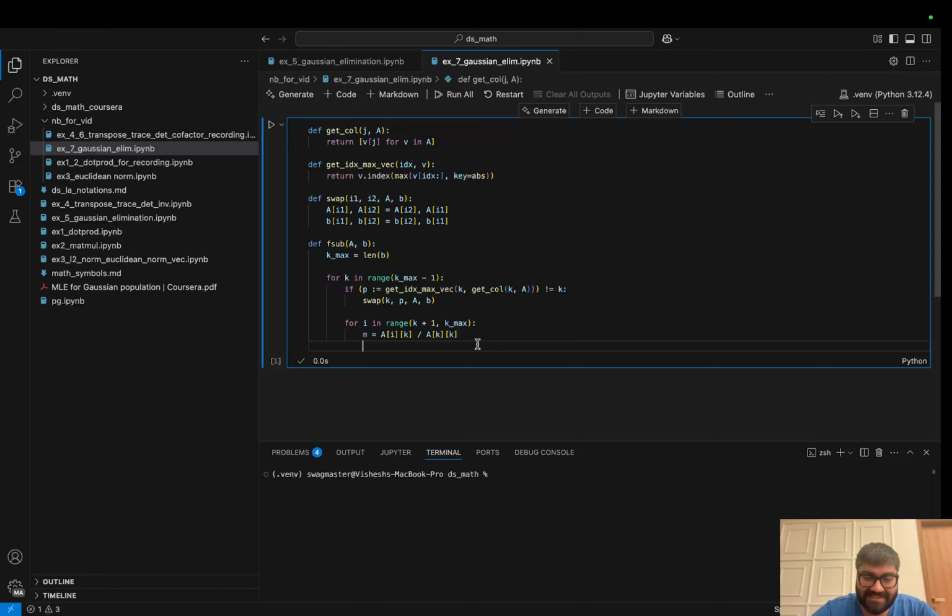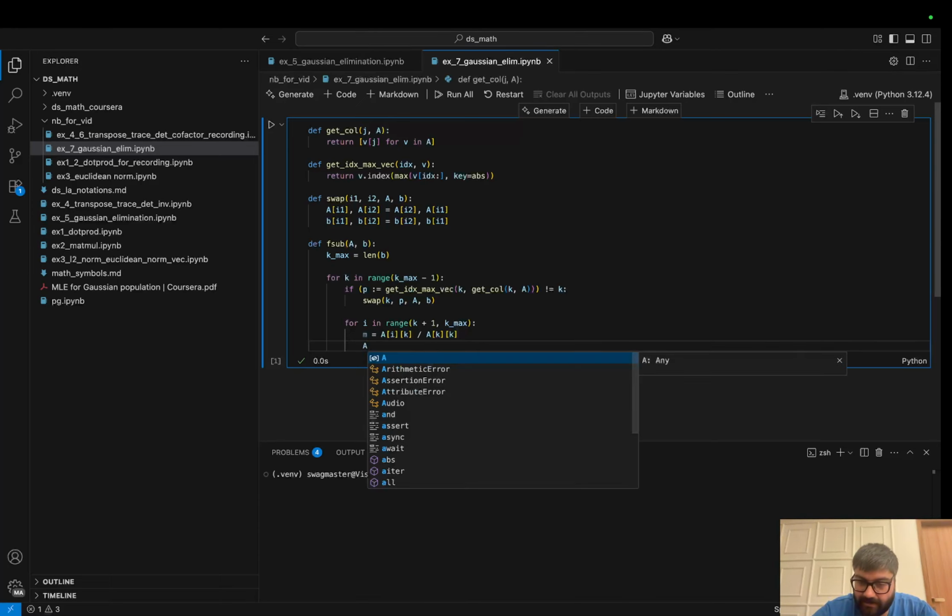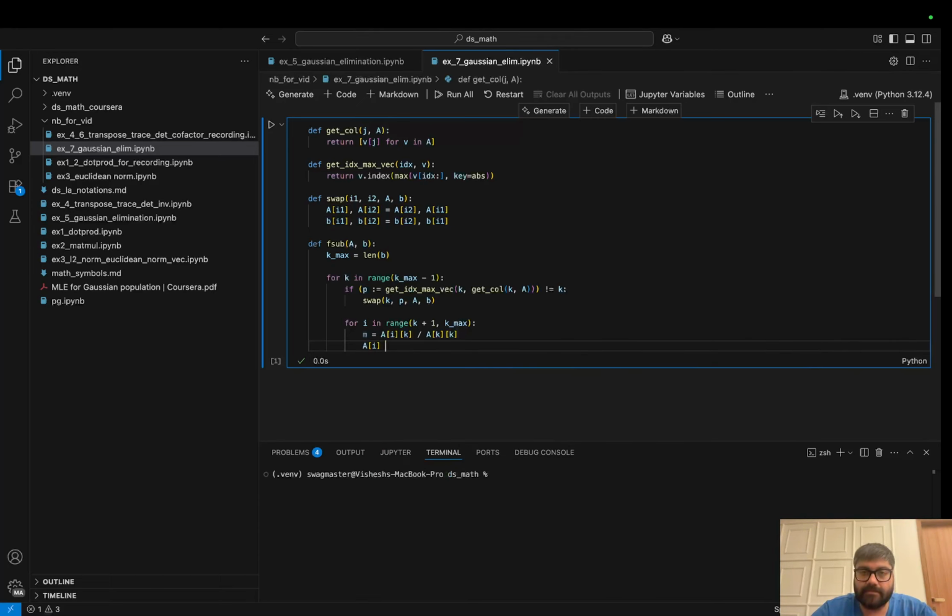Right. So let's say A_i. That's what we've got to replace, right? We have to replace that entire vector with what? Let's define what we're going to iterate over.